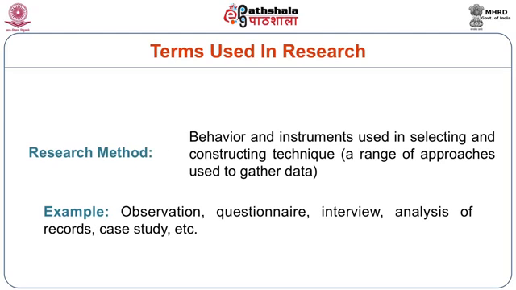Research methods are different from research techniques. Research methods are the behavior and instruments used in selecting and constructing the technique. For example, whether it may be observation, questionnaire, interview, analysis of records, or case study, all these are research methods.